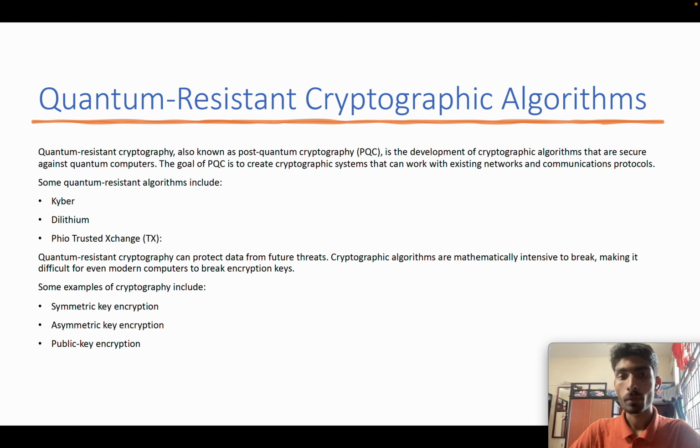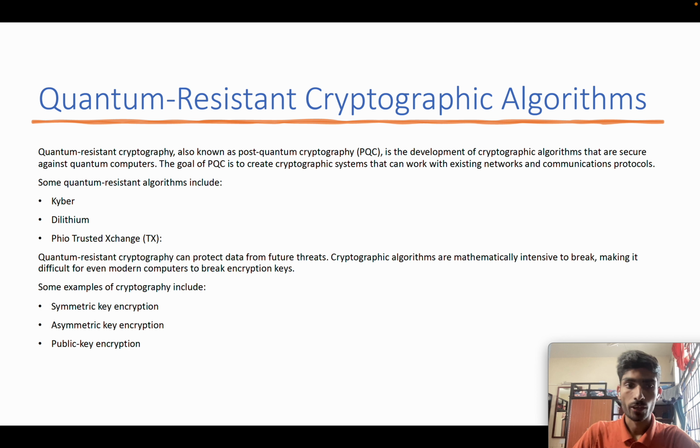Notable examples of algorithms include Kyber, Dilithium, and Trusted Exchange, which is also known as TX. Quantum resistant cryptography offers protection against future threats also, making it challenging for both quantum and classical computers to break encryption keys.